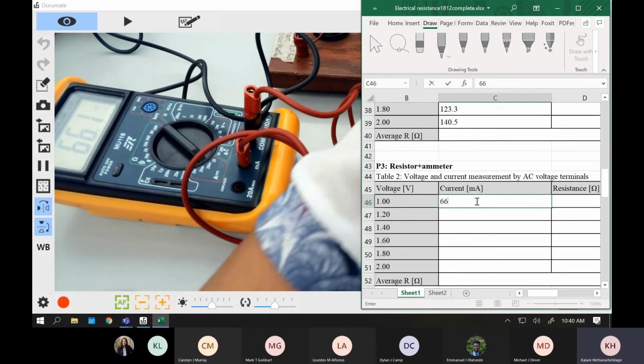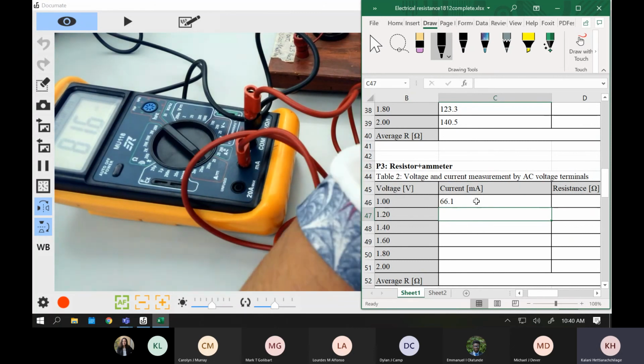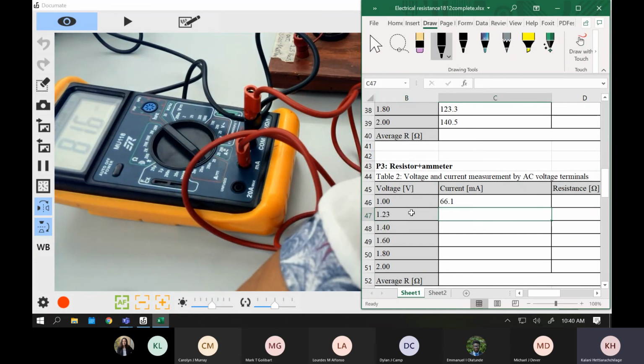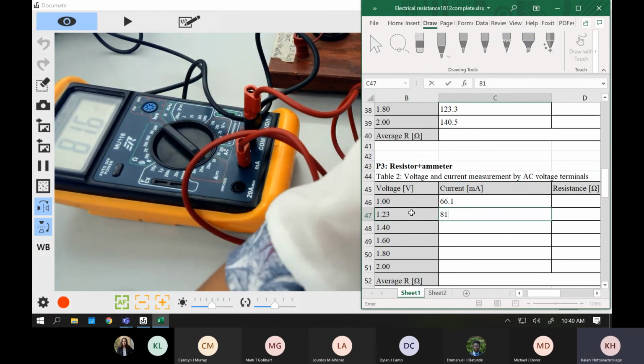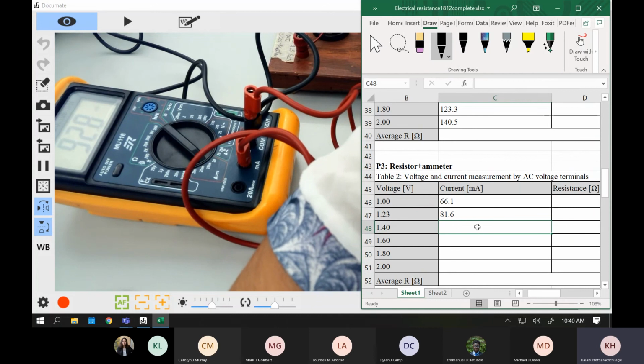I have 66.1. And then increase to 1.2. I have 1.23, 81.6. And then move into 1.4. 92.7.